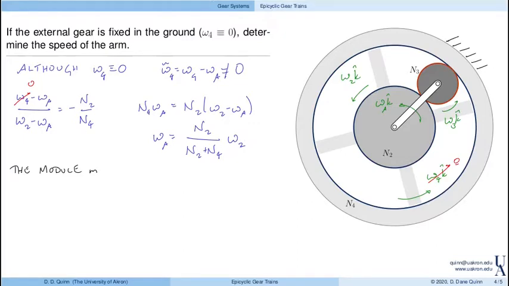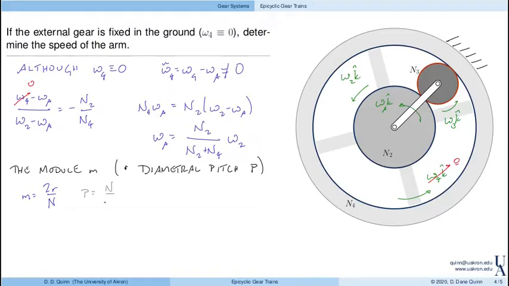And here, m is defined as 2 times the radius divided by the number of teeth, and also a different quantity known as the diametral pitch, which is P. And P here is basically the reciprocal of the module.